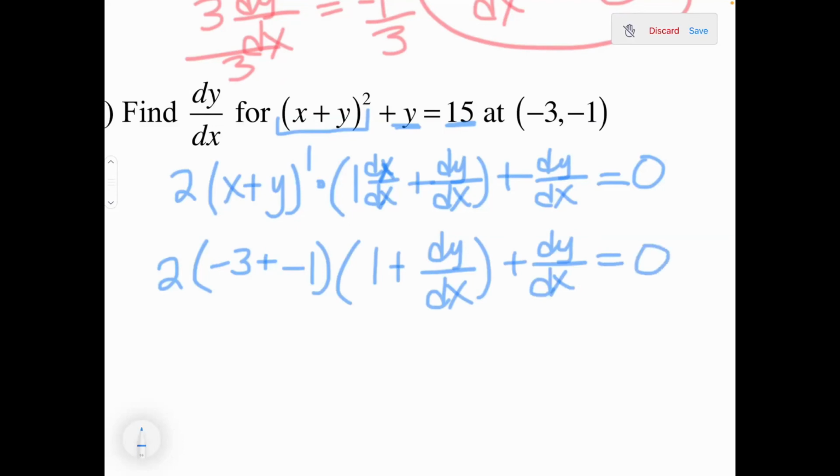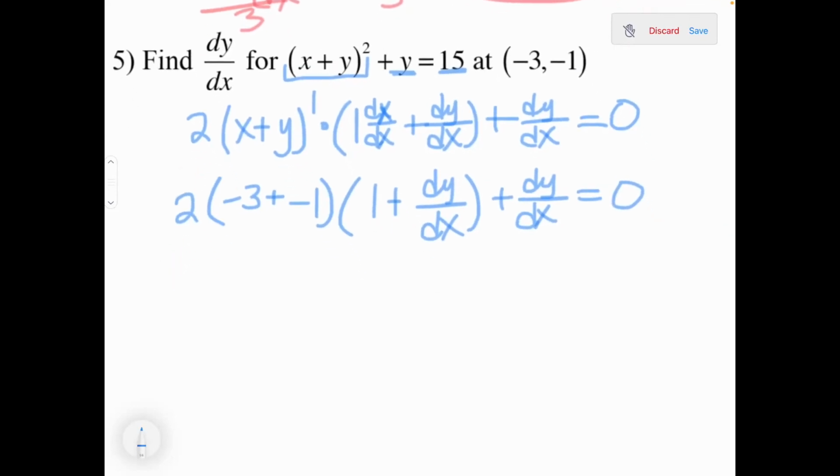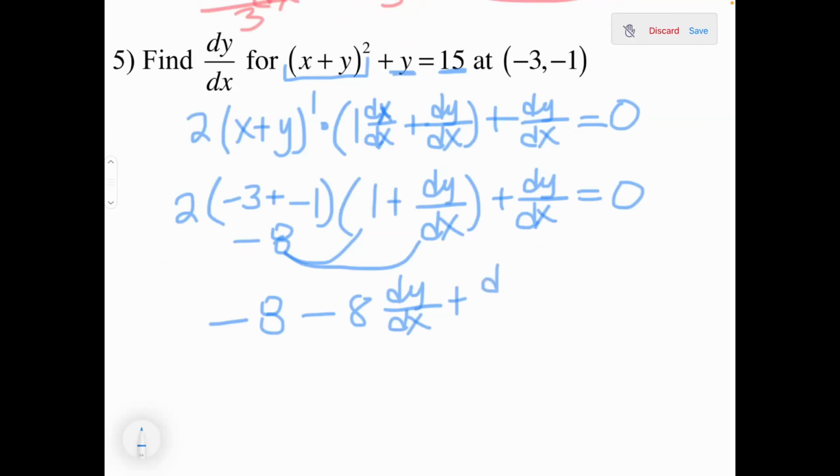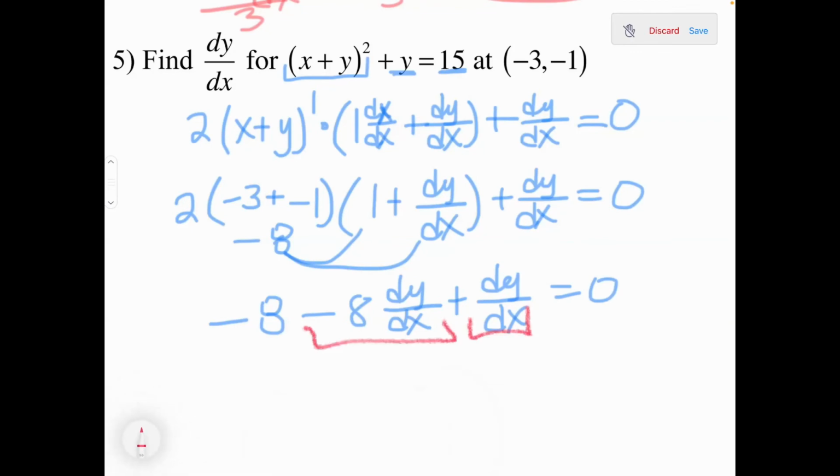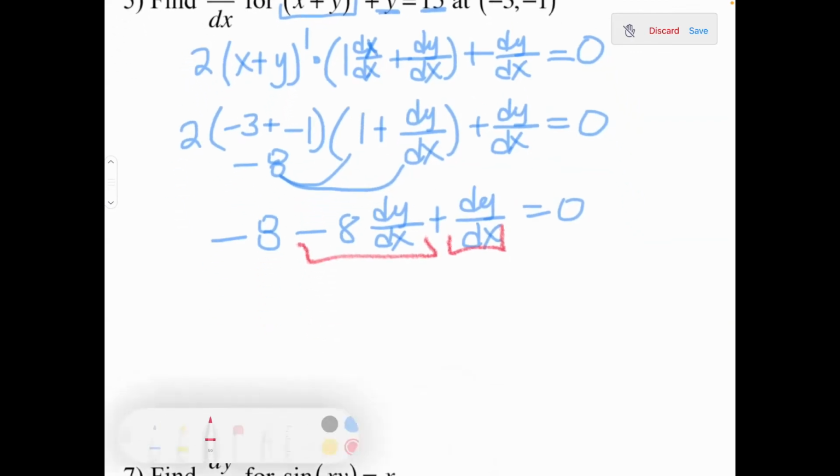All right, so we get 2 times -3 plus -1, which is 2 times -4, which is -8. We distribute the -8 to the 1 and the dy dx, so we get -8 minus 8 dy dx plus dy dx equals 0. We combine like terms, the negative 8 dy dx and the dy dx, so we have negative 7 of those.